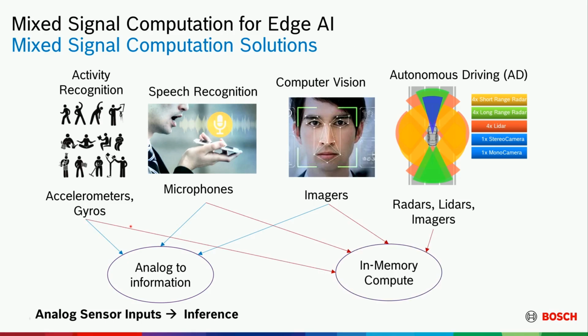And then, of course, in-memory compute, let's say you want to fuse a bunch of sensors together. In this case, it's most practical for these systems to be transmitting digital output data. And so then you still may want to try to take advantage of the analog mixed signal in terms of energy.